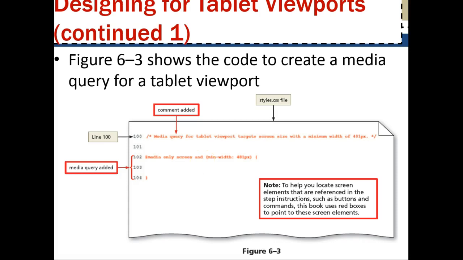So you wonder why 481? Because a common breakpoint for mobile devices is actually 480 pixels. So the media query applies the tablet styles starting at a viewport of 481 pixels. That's why we put that there, because other than that, it would be a smaller size, which would be mobile sizes.